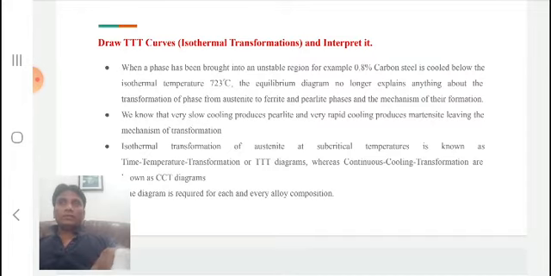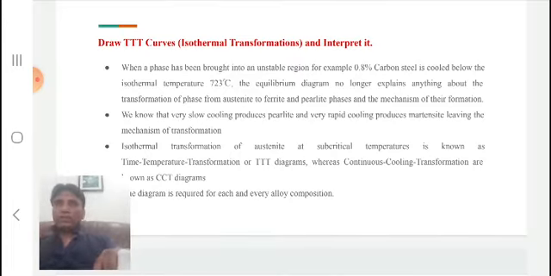So therefore TTT curves explain what exactly happens during the transformation of the austenite into pearlite or sorbite or troostite or any other bainitic structure or martensitic structure.